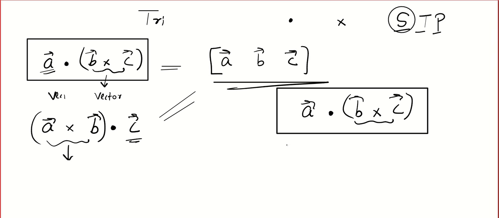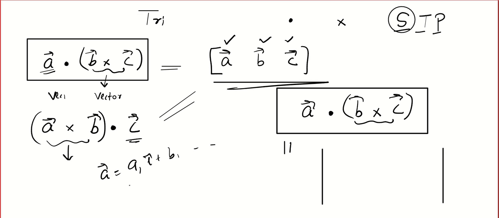And another important thing, we have a shortcut to evaluate this. I'm just skipping the proof for the time being. Suppose they give you A, B, C in component form. Do you remember component form? Every vector can be written in the form A1i plus A2j plus A3k.